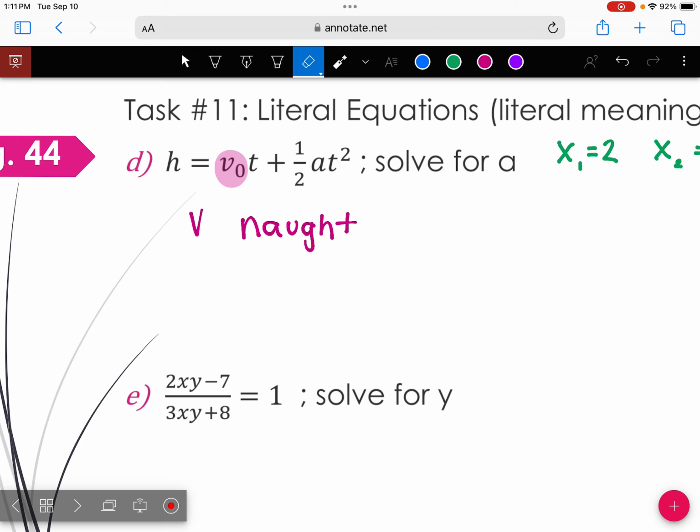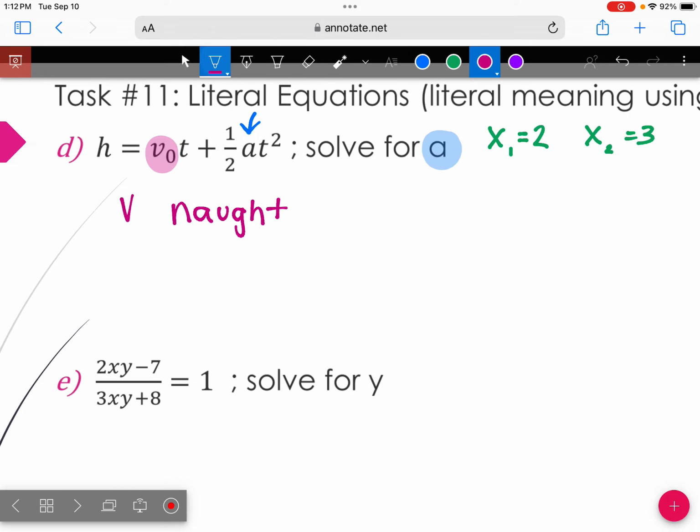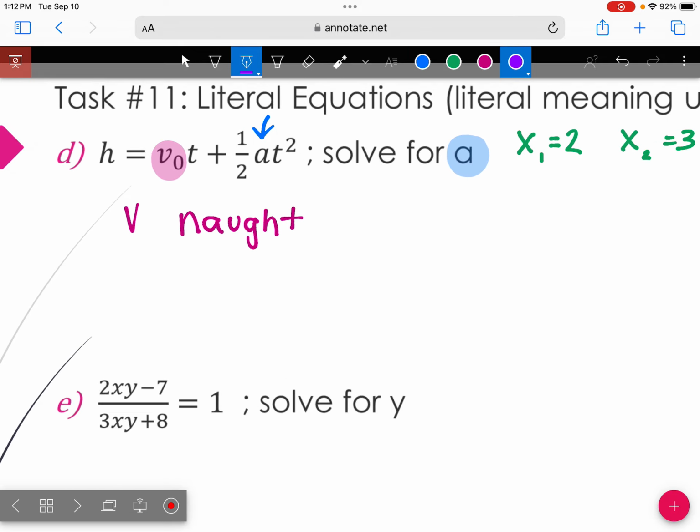So either way, we're still going to try and solve this thing for A. The V is unimportant when it comes to this process. So we're going to solve for A. I want A all by itself. So what do we need to do to get that A by itself? Eventually, we will need to divide, but we don't want to do that right here. It's going to make things super gross.